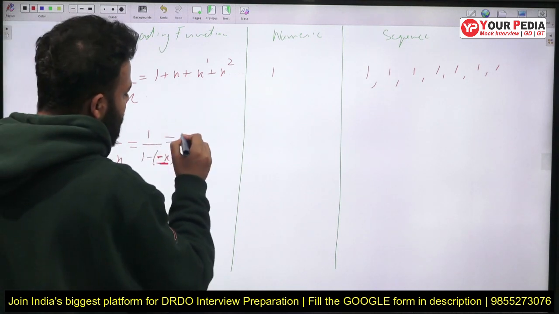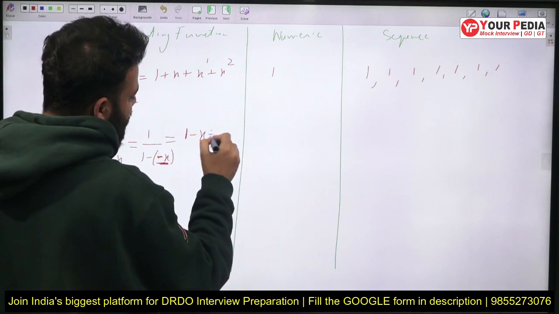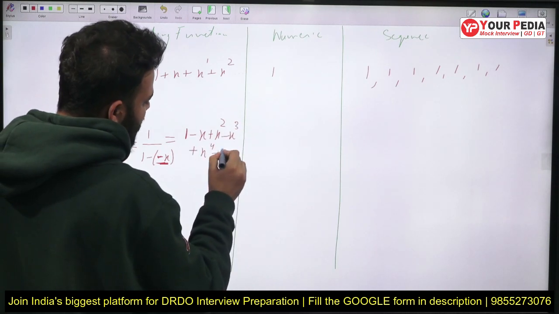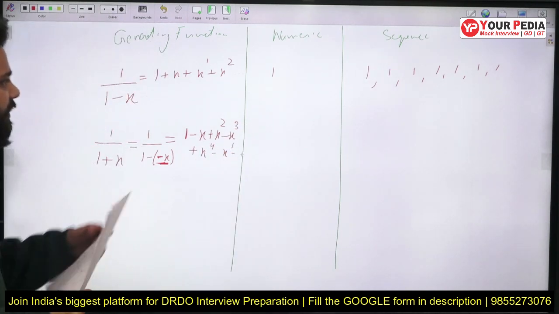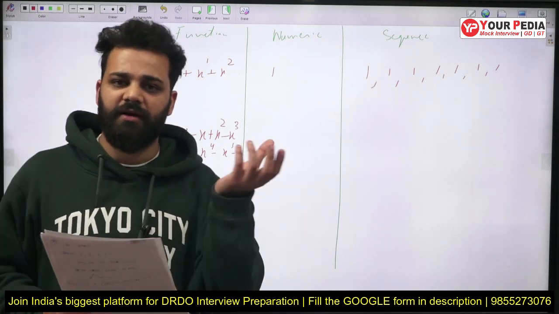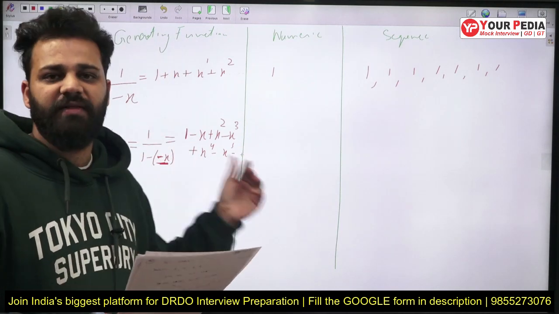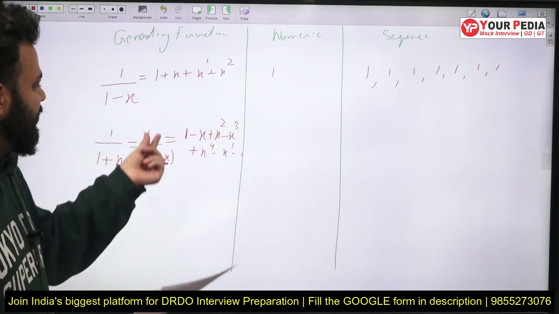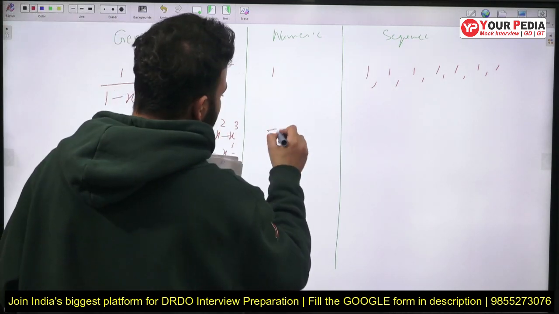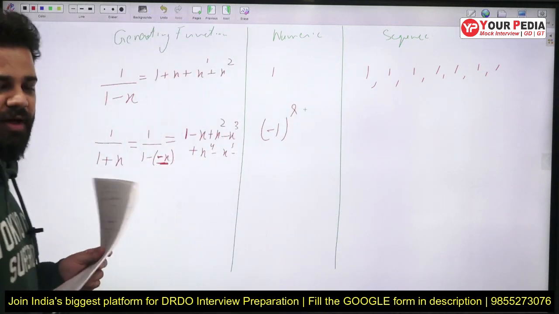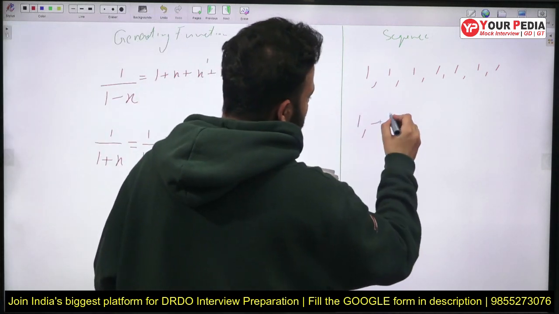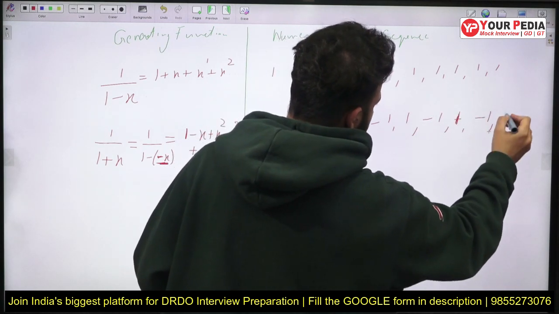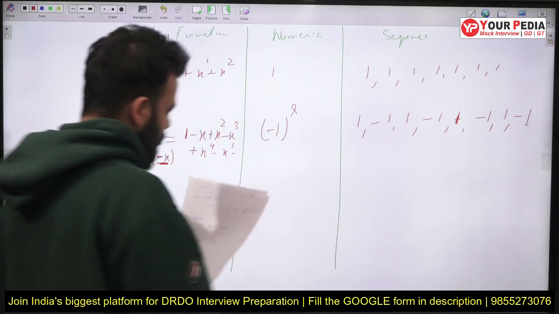The expansion will be 1 minus x plus x square minus x cube plus x4 minus x5 and so on, because whenever the power is odd, the negative value will remain negative. When the power is even, the negative value will change to positive. The numeric value is (minus 1) raised to power r, and the sequence generated will be 1 minus 1 1 minus 1, and so on.